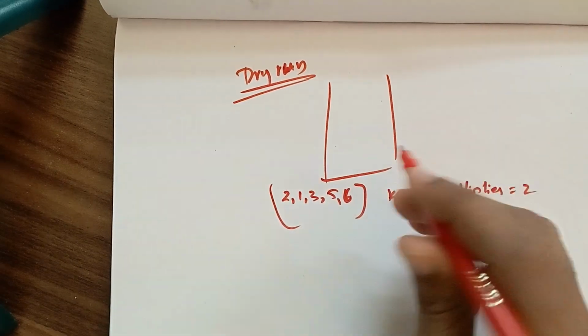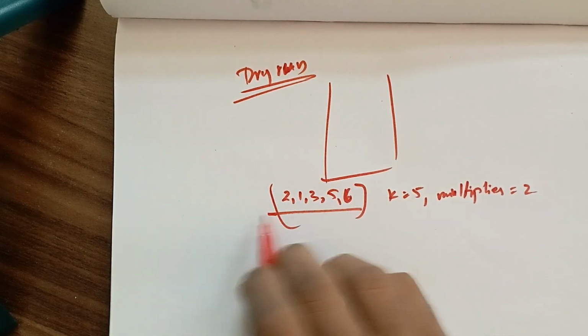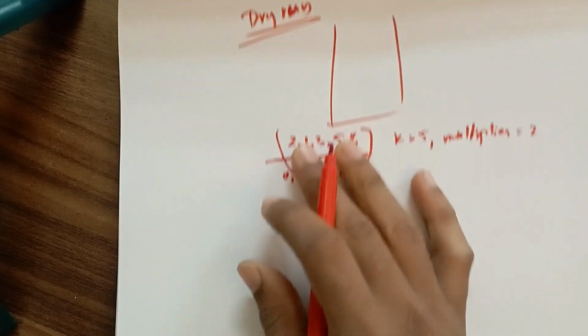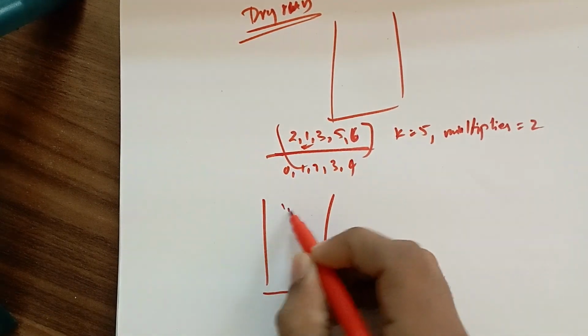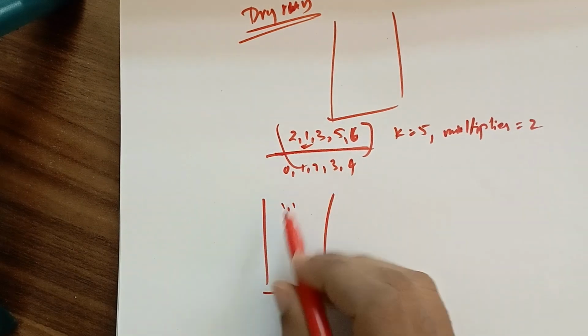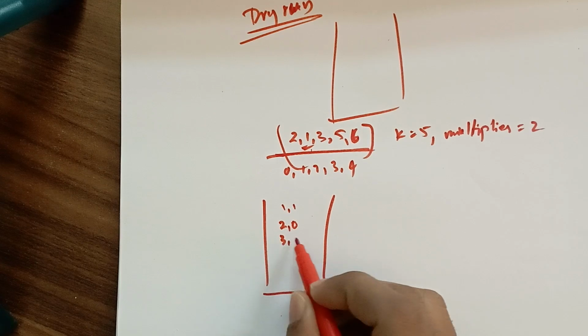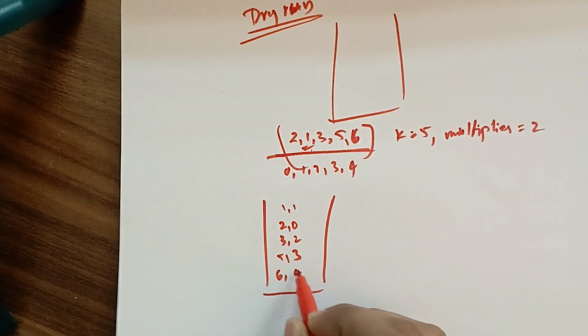As I said, we need to take all these elements, indices 0, 1, 2, 3, 4. Initially, the priority queue will have the minimum element 1 comma 1, then 2 comma 0, then 3 comma 2, then 5 comma 3, and then 6 comma 4.